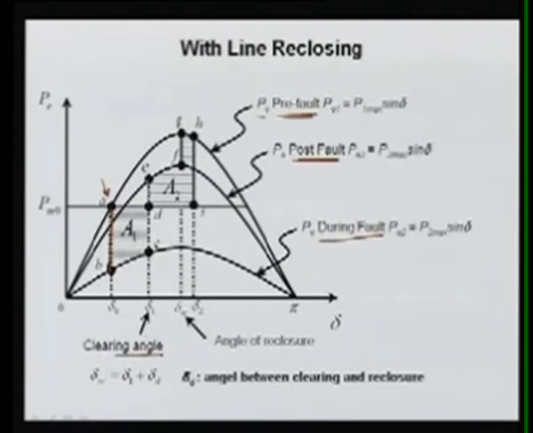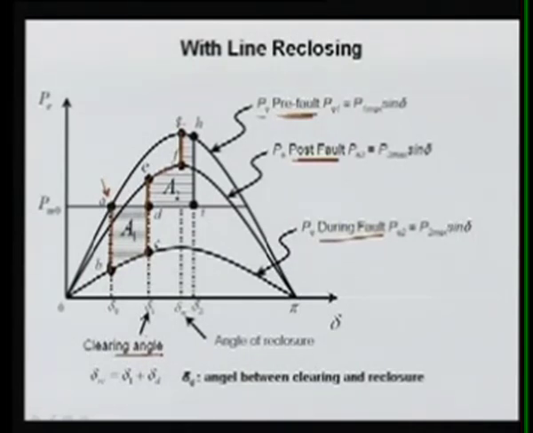It will try to go to this point because once the fault is cleared it follows this. While it is oscillating, this line was opened, it follows this. At the same time the circuit breaker tries to close it, so suddenly the curve increases here. Before that it is decelerating completely, and after a few cycles it is closed.